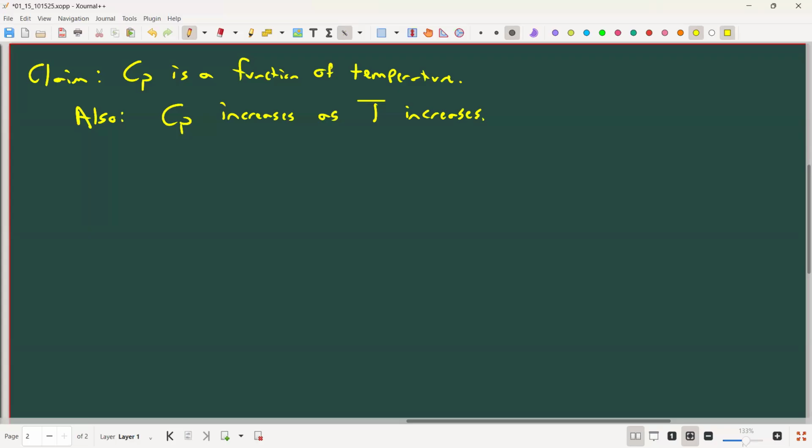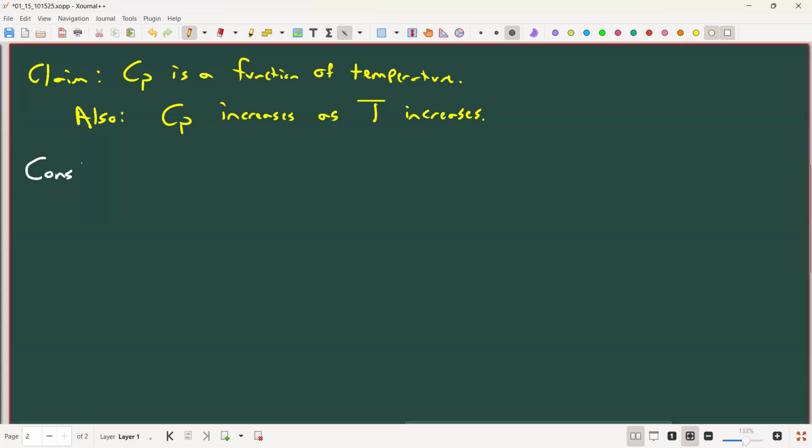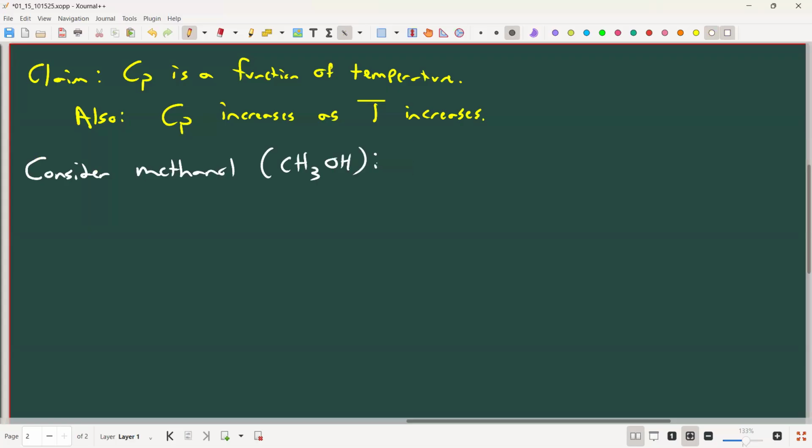Let's think about molecules first. Let me just do a really simple example. Let's just consider a really simple molecule, methanol. And remember when we talked about the motions of molecules, when we talked about chemical energy, we talked about that the energy is stored in different types of unique motions a molecule can have.